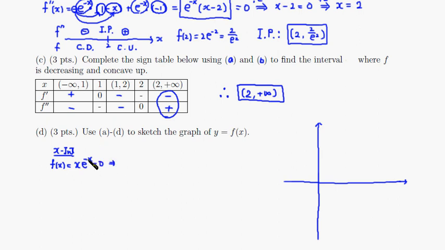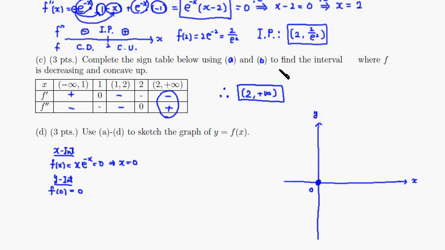But again, e to the negative x is never 0, so x equals 0. The y-intercept is actually the same, but you can plug in x equals 0 and we get 0. So we know it's going to go through the origin, at 0, 0, right here. So here's the x-axis and here's the y-axis.